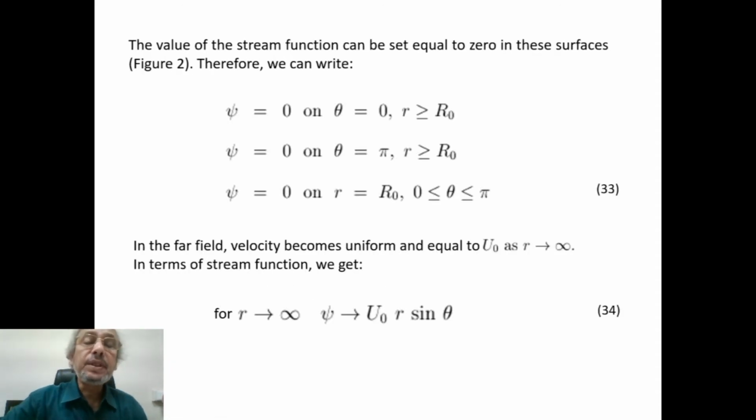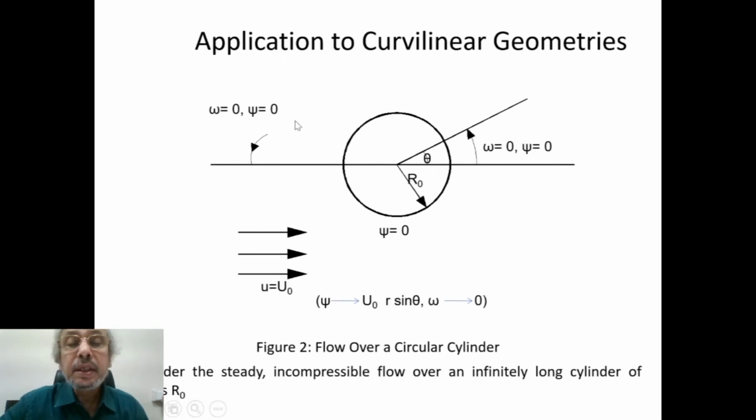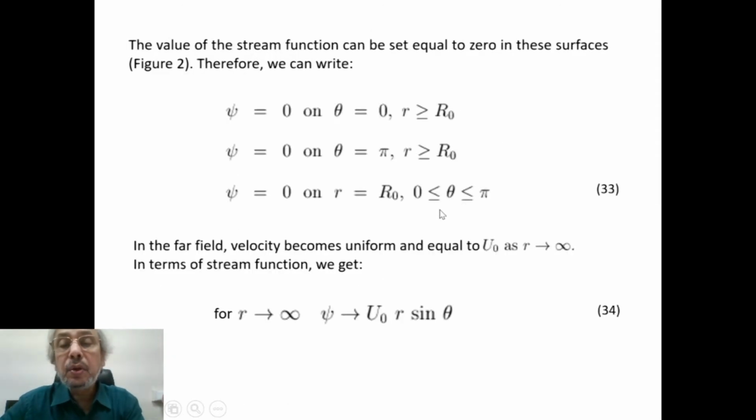If we consider the boundary conditions, we have already said in the schematic that psi will be 0 over the entire cylinder. So we have written that psi is 0 at theta equal to 0 when r is greater than or equal to r0, psi is 0 at theta equal to pi, and psi is 0 on r equal to r0.